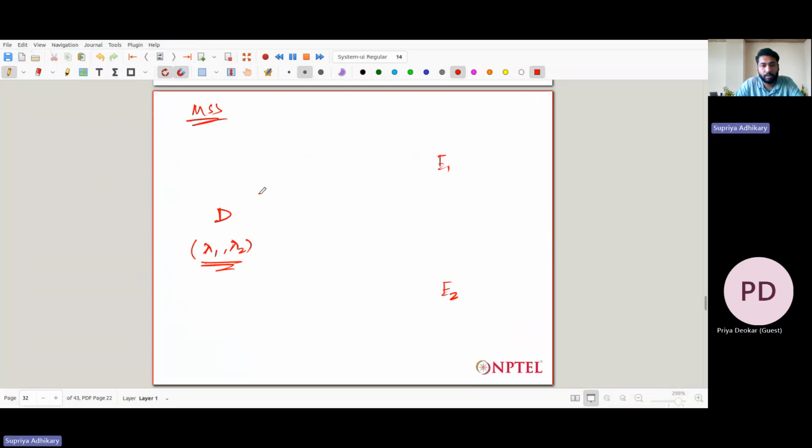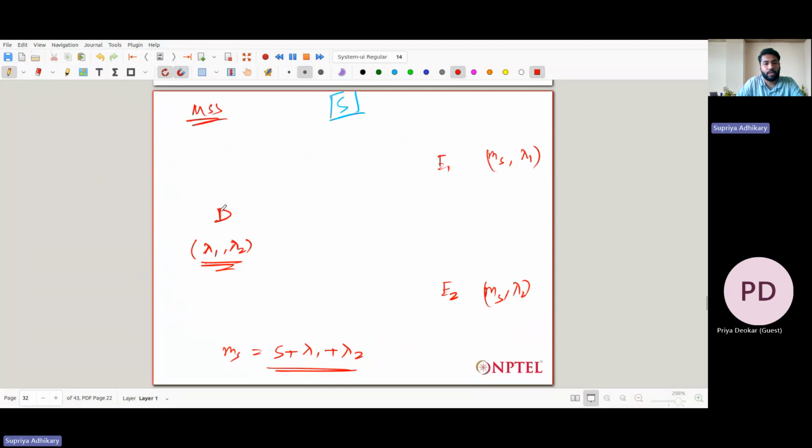E1 is supposed to hold MS and lambda1, and E2 is supposed to hold MS and lambda2. What is MS? If S is our secret, then MS is S plus lambda1 plus lambda2.